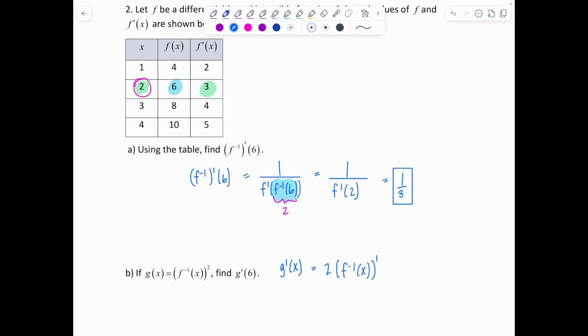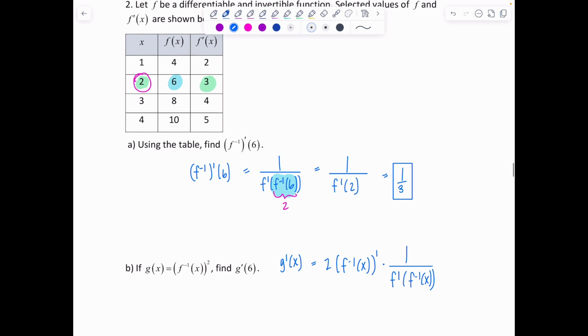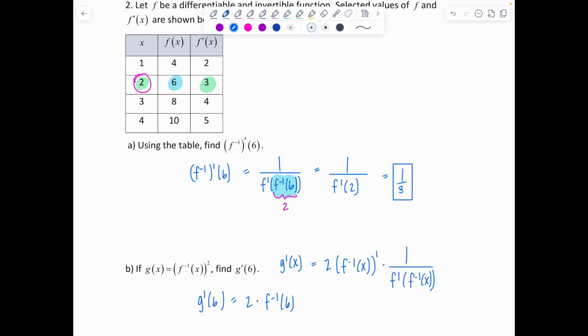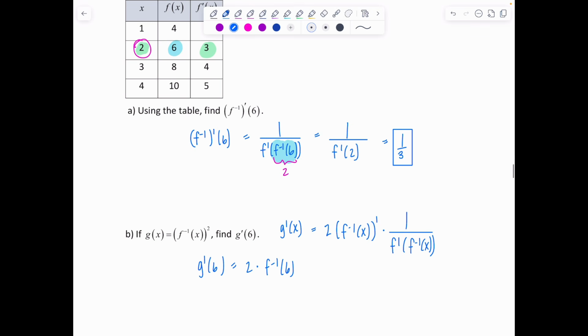The formula we just have up above: 1 over f prime of f inverse of x. Okay, now we need g prime of 6. So g prime of 6 is going to be 2 times f inverse of 6, over f prime of f inverse of 6.